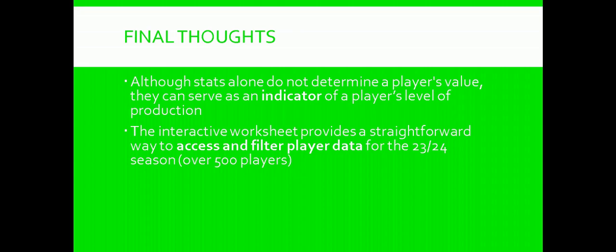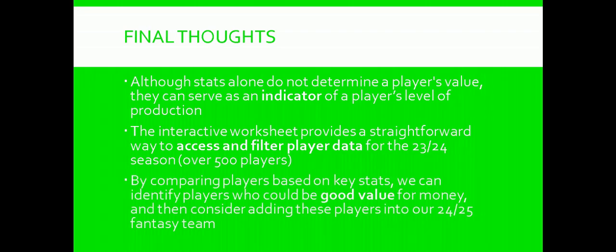So there's over 500 players in this database, I believe 520, and you can see from the worksheet demonstration that it's so quick and so easy to filter for exactly what you want, whether that's who's the best passer in the league based on my budget, or even, with the Euros coming up, who's the best players from a particular nation in the Premier League. By comparing players based on key stats, we can identify players who'd be good value for money and then consider adding these players into our 2024-25 fantasy team.